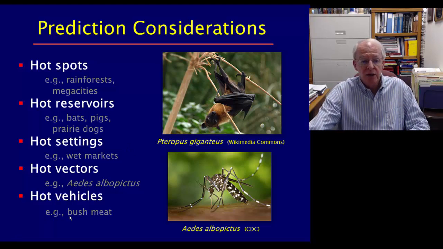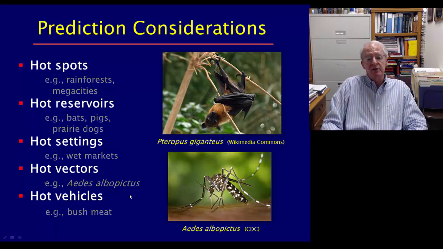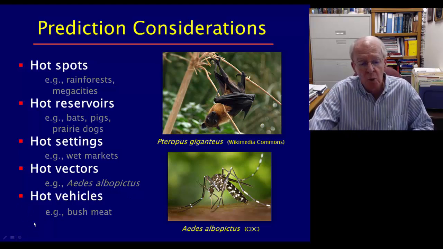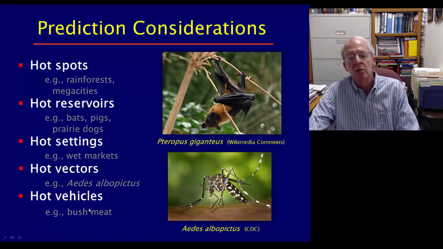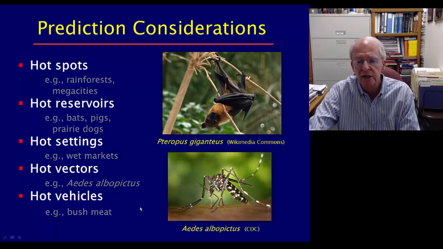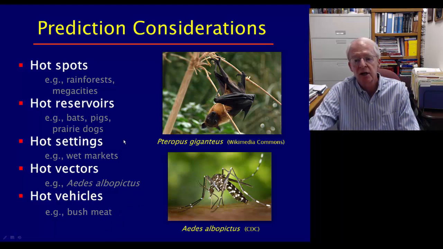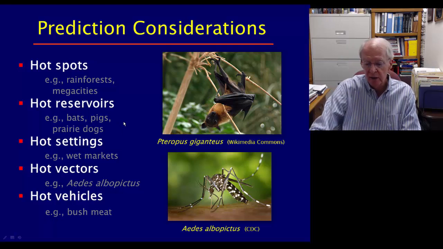They're hot vectors, and here's an Aedes albopictus mosquito, which is a particularly aggressive day-biting mosquito found in much of the US today that's capable of transmitting an array of arboviruses. And then there are hot vehicles, and bushmeat is one that has been getting more and more attention in recent years, and often plays a role in the initial human infections at the beginning of Ebola virus epidemics.